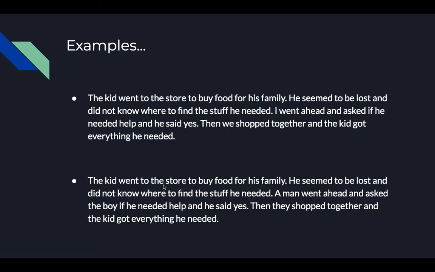Now, if I compare that to this one, we have the same two sentences, which seem to be third person, and I will continue reading. A man went ahead and asked the boy if he needed help, and he said yes. Then they shopped together, and the kid got everything he needed.